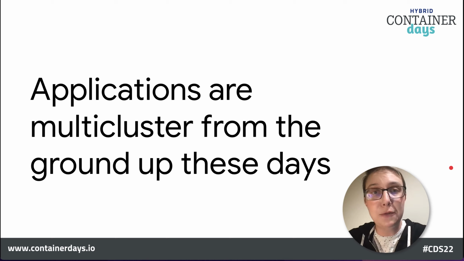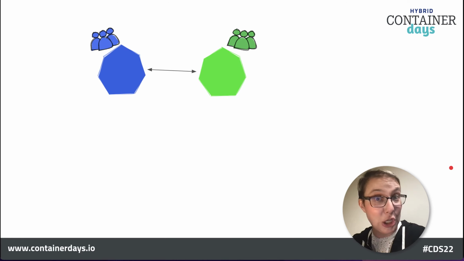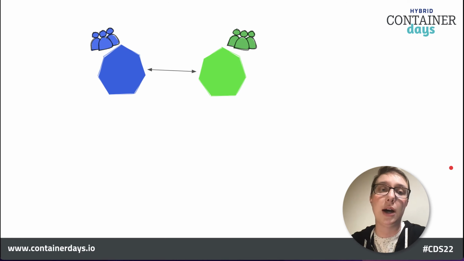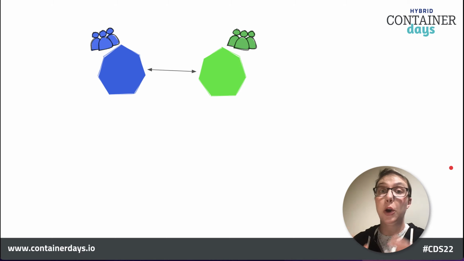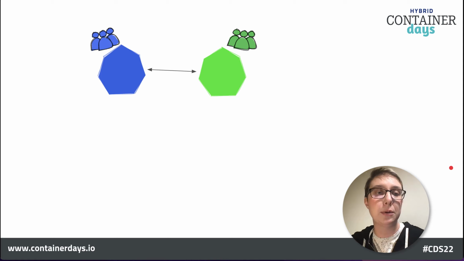So let's start off with just a couple cases of what applications are multi-cluster, and the fact is a ton of them are multi-cluster from the ground up these days. I've got a few diagrams here to show off some of this too. That first case is where we have some sort of organizational reason why there's more than one cluster going on in your overall platform topology.